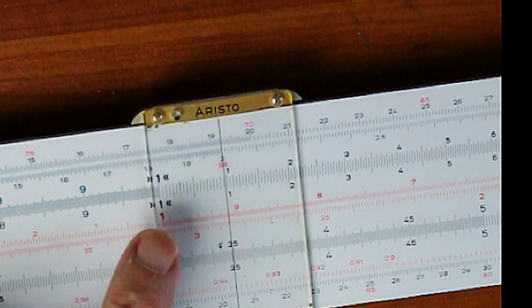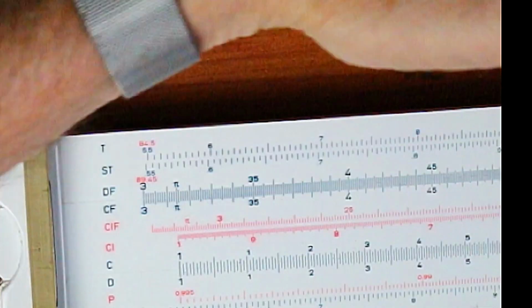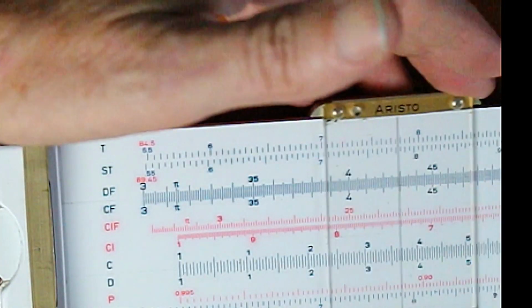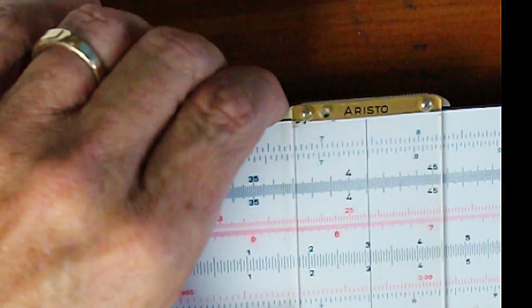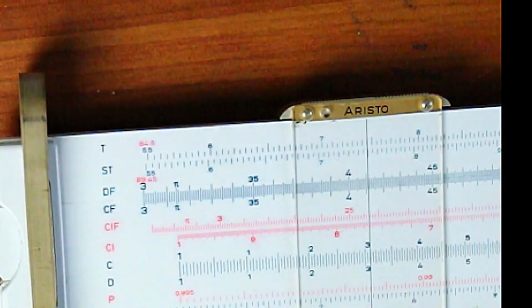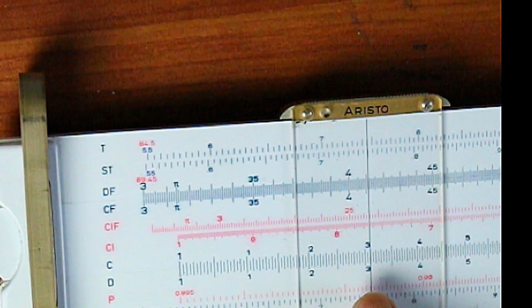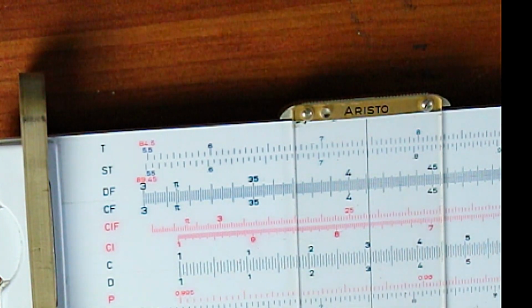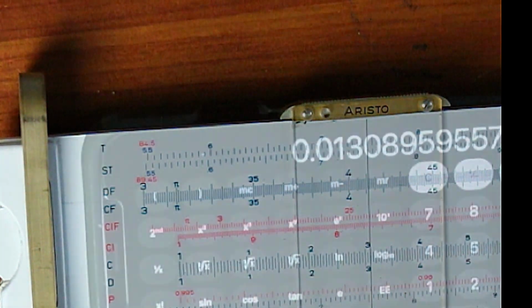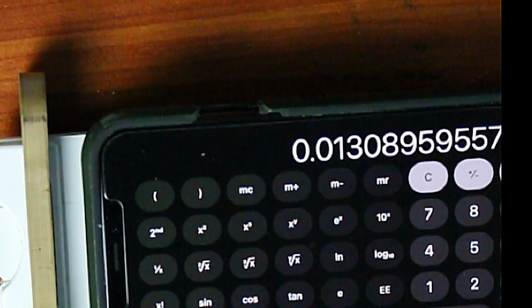Now that's for 2 degrees. Wonder what it is for 0.75 degrees. For 0.75 degrees, I'm reading 0.031, it looks like. I'm happy with that.